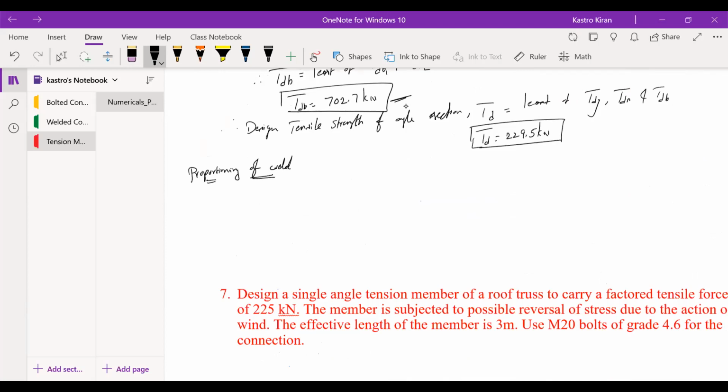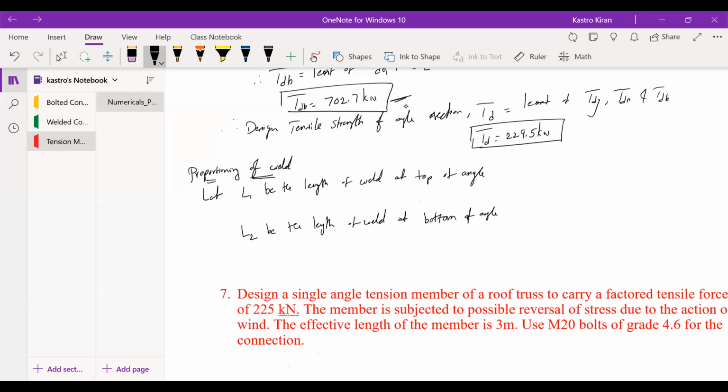Let L1 be the length of weld at top of the angle, and L2 be the length of weld at bottom of the angle. So we need to find out these L1 and L2 values.